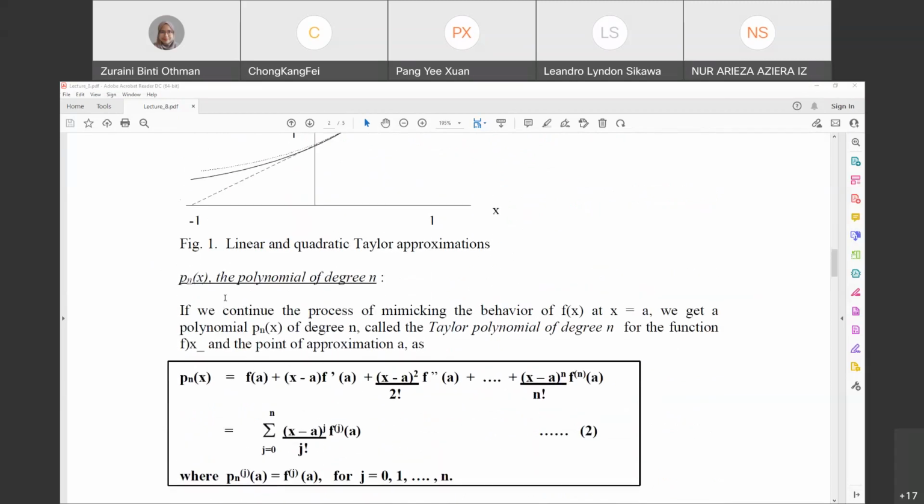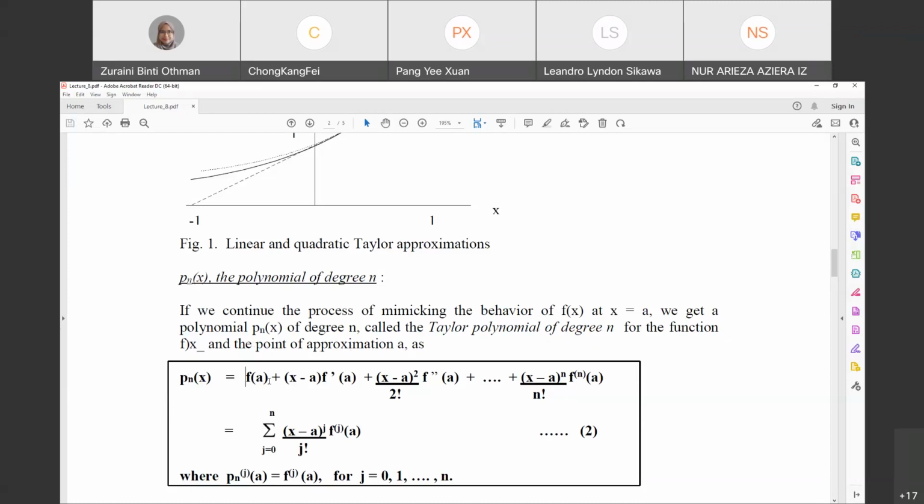Okay, if we have until polynomial kan, polynomial boleh jadi sampai Pn. Jadi tadi sampai P2, right? And dia boleh jadi sampai Pn. Pn ni apa? It's not pakatan national, it is polynomial degree n, which is sampai bukan pembezaan peringkat pertama, kedua, ketiga, but it will be peringkat ke n. Okay. For the function f(x) and the point of approximation is a.